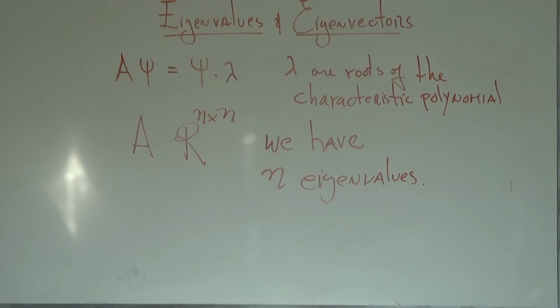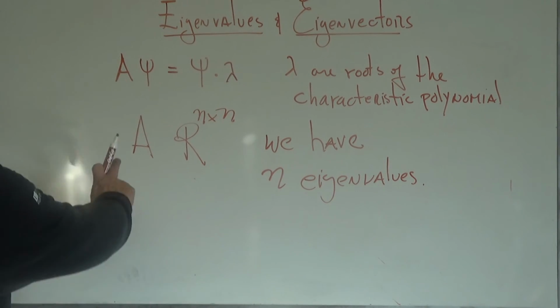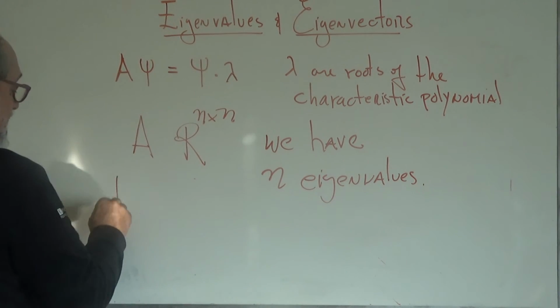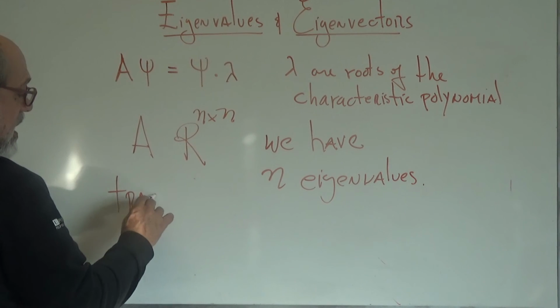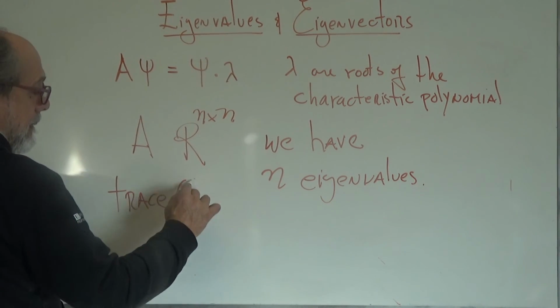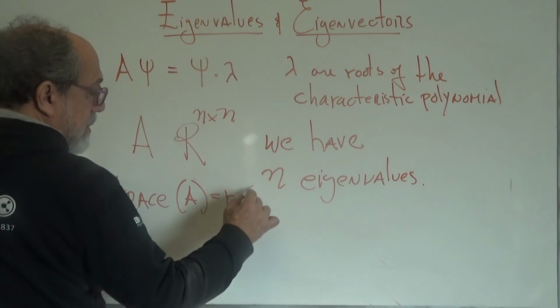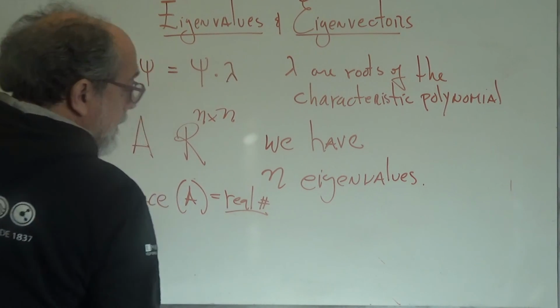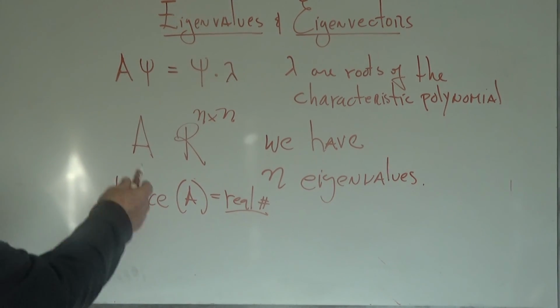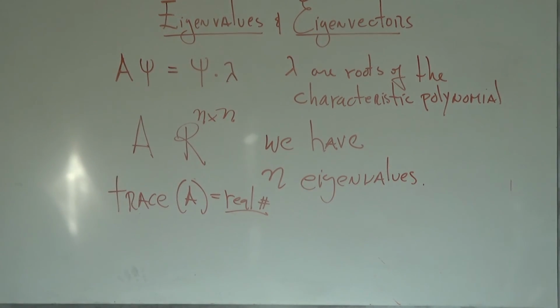Now, if the matrix A is real, then the trace of A is a real number. The trace of a matrix is just the sum of the diagonal, right? So if the matrix is real, its trace is real.